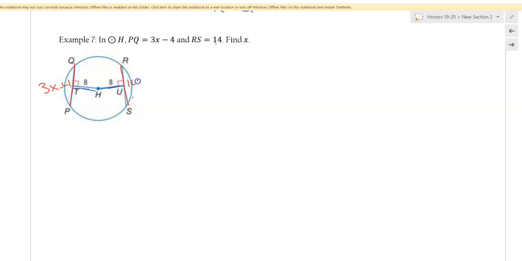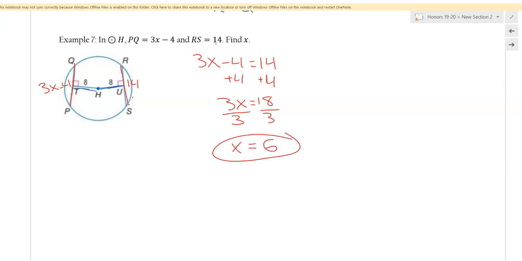This side's 14. I'm going to set those equal. Add 4 to both sides. Divide by 3. x equals 6. And we are done.